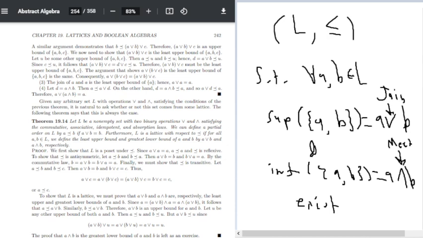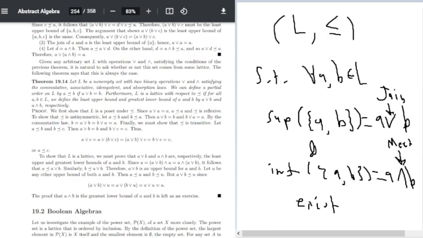Given any arbitrary set L with operations join and meet, satisfying the conditions of the previous theorem, it is natural to ask whether or not this set comes from some lattice. The following theorem says that this is always the case. Theorem 19.14. Let L be a non-empty set with two binary operations, join and meet, satisfying the commutative, associative, idempotent, and absorption laws.